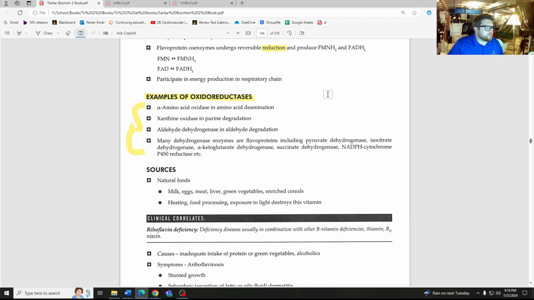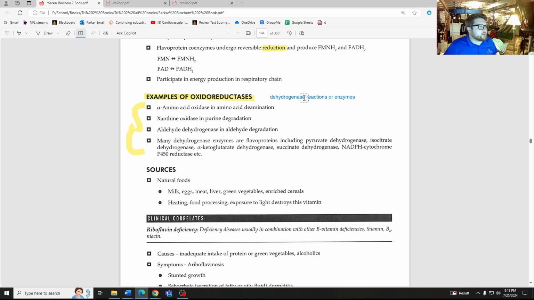They also assist with some of the dehydrogenase reactions or enzymes. Remember that the dehydrogenase enzymes are oxidoreductases.